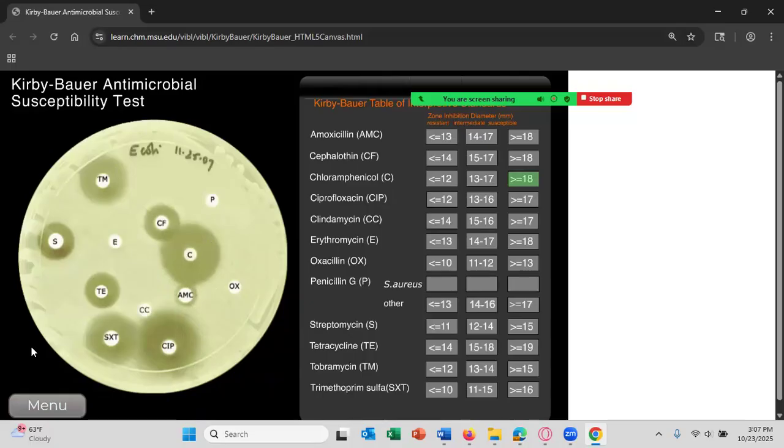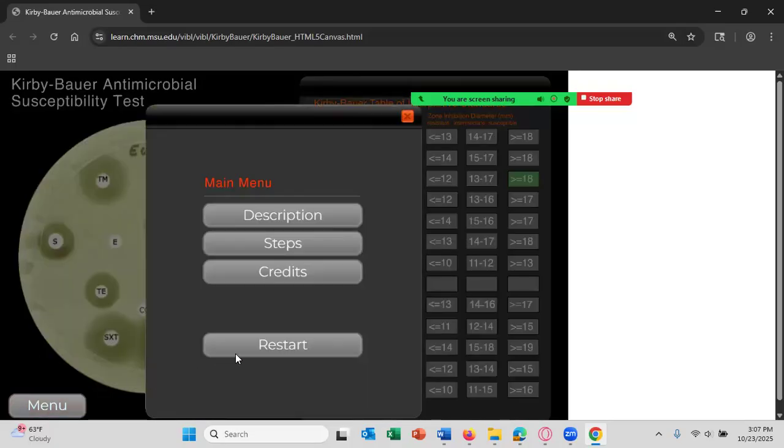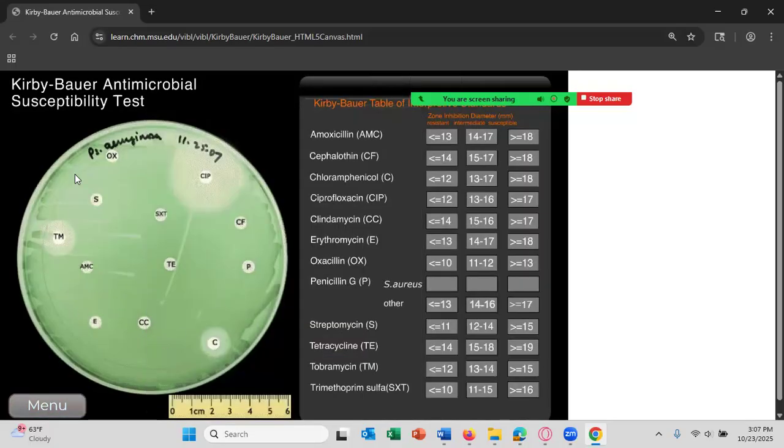See, this is E. coli. Click the menu again, hit restart, and it'll change the plate. So that's Pseudomonas aeruginosa. And it looks like a lot of these are totally resistant, like that has no zone of inhibition. But there's the chloramphenicol again.